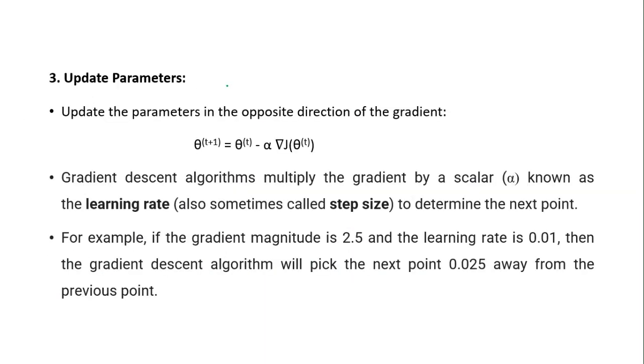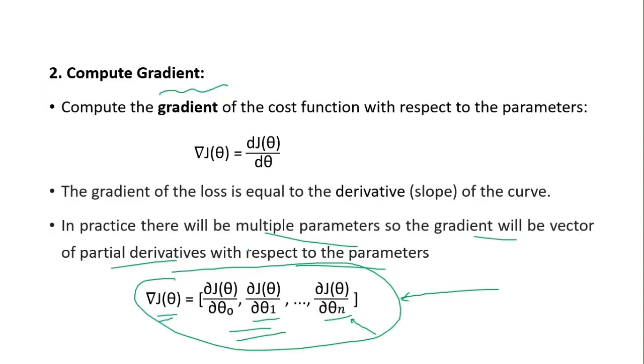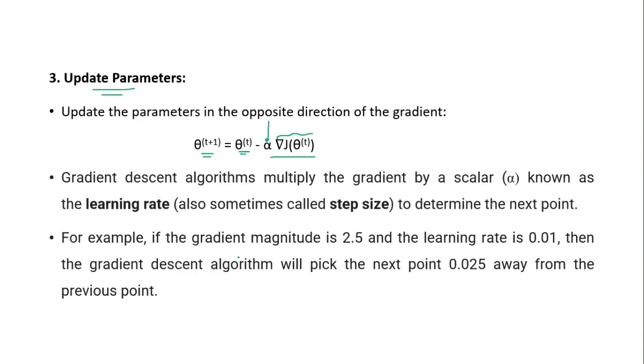Anyway, now we are moving into the update step. That means the third step, updation of parameters. We need to find the new value of theta, theta t plus 1, which is equal to the previous theta minus some scalar quantity, some multiplying factor alpha, into the previous gradient, the gradient we have seen here. That's all.